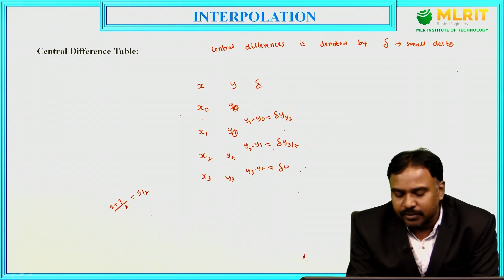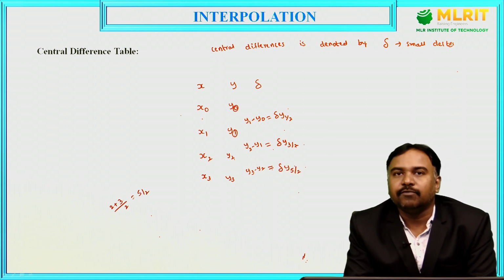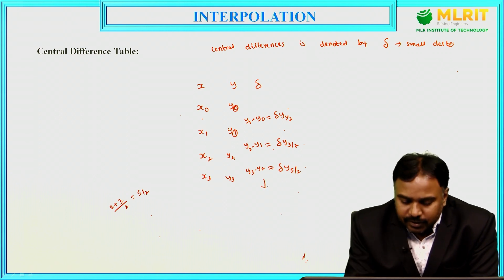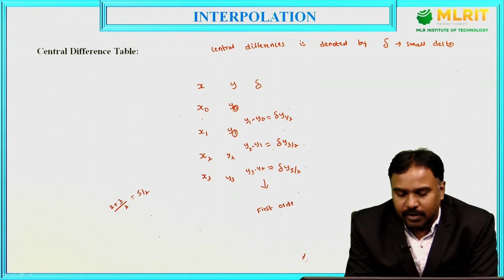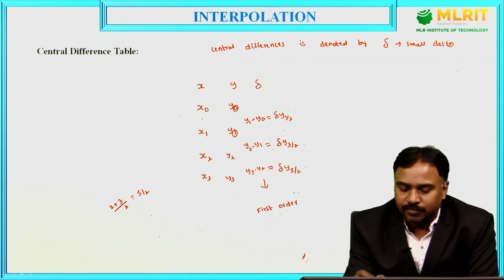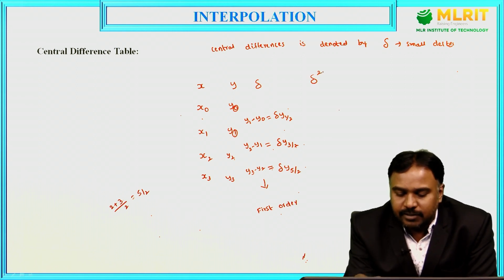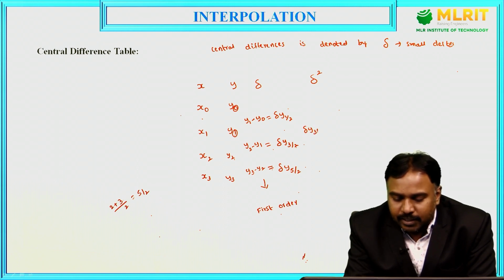So the notation is small delta y 5 by 2. This we can call first order central differences.